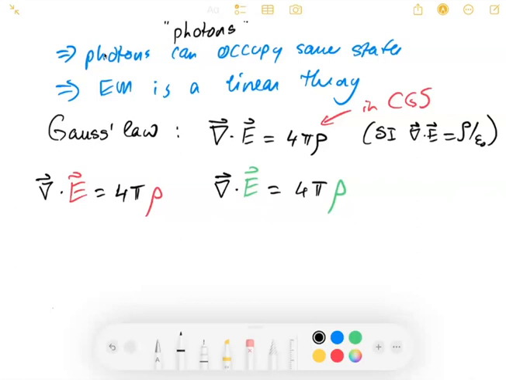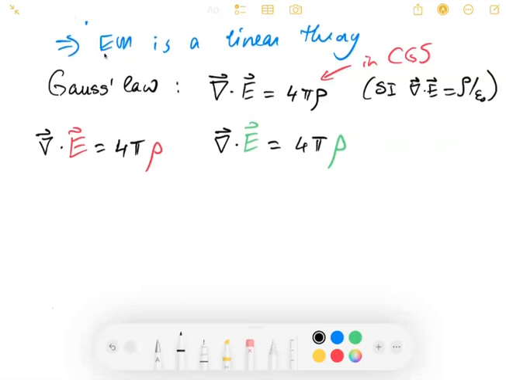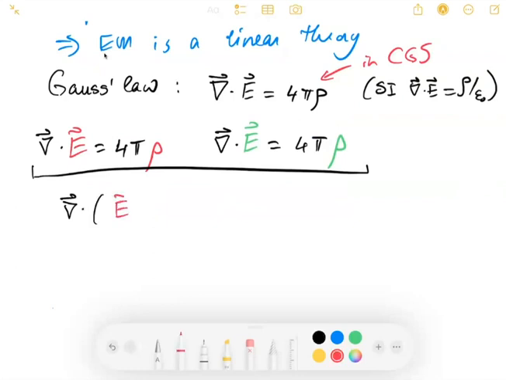So if we want to know what happens when we have both, we need to add these 2 together, and you will find that the divergence of the E field is going to be four pi.